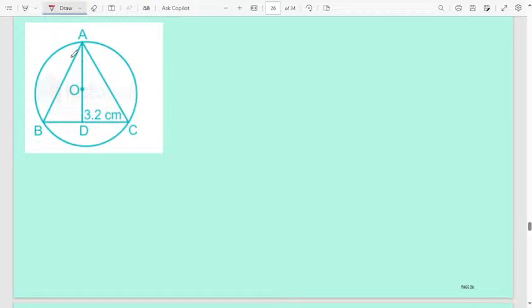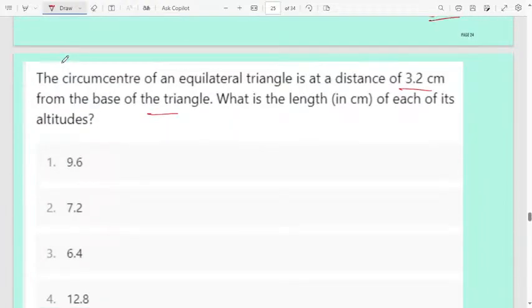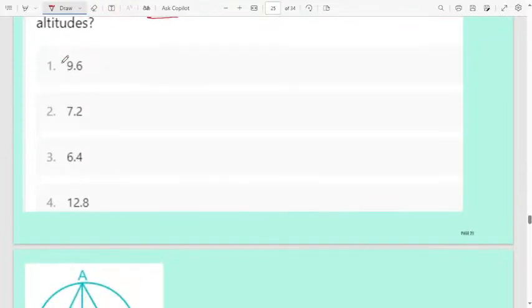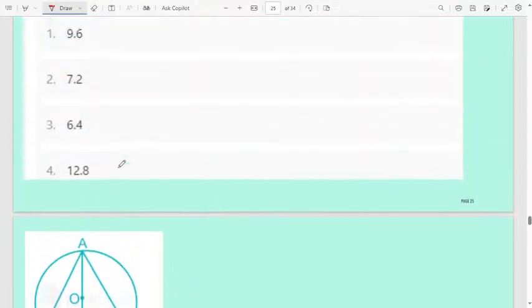Here this is an equilateral triangle, inscribed in a circle. The circumcenter of the equilateral triangle is at a distance of 3.2 centimeter from the base, and this is the circumcenter O; from here to here they have given the value 3.2 centimeter.